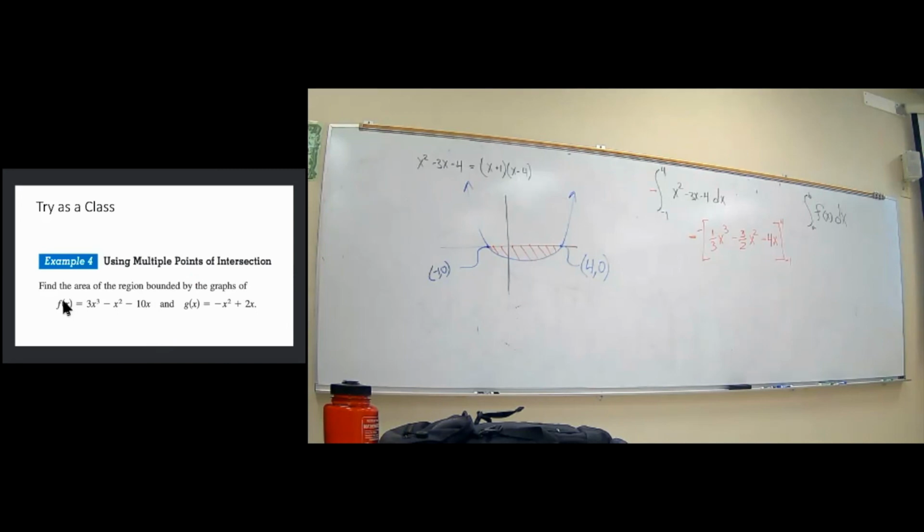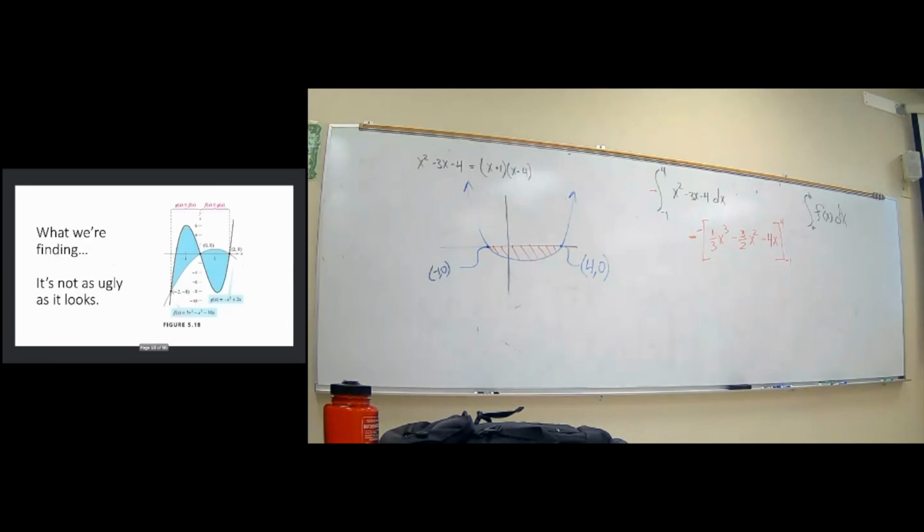Now, in the case of area bounded between these two functions, we do, again, pretty much the same thing, except here, we have to break it up like I was talking about before. The area bounded between the function -x squared plus 2x and the function 3x cubed minus x squared minus 10x, well, that's all of this stuff, right?